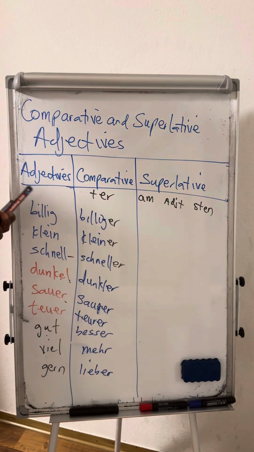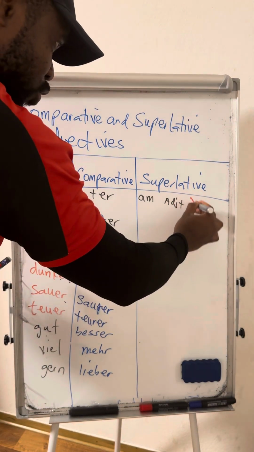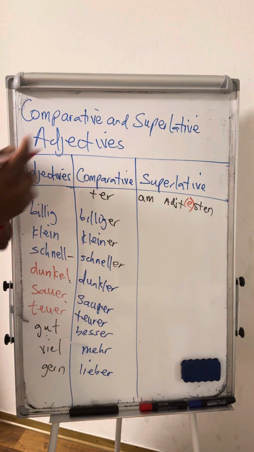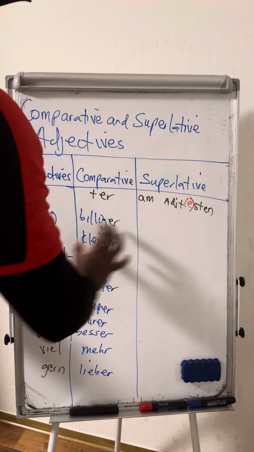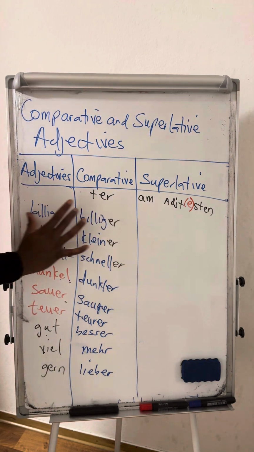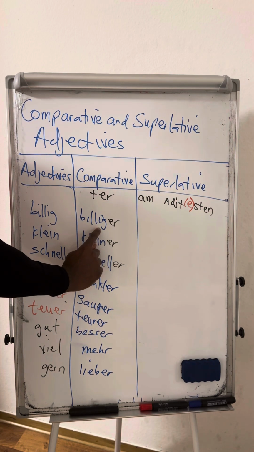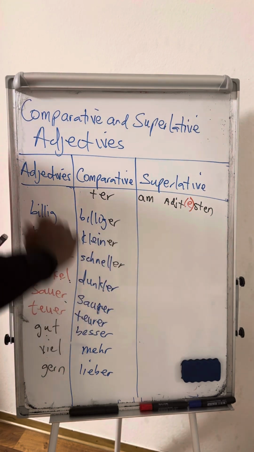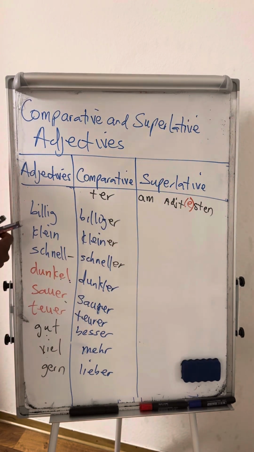And if that adjective ends with t, you must put an e, so that you can be able to pronounce it. You understand? So now let's form the superlative of this adjective. Here is billig, which is cheap. Here is billiger, cheaper. So the superlative is cheapest. So cheap, cheaper, cheapest. That's what we're trying to form now.